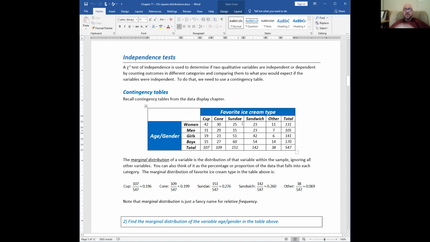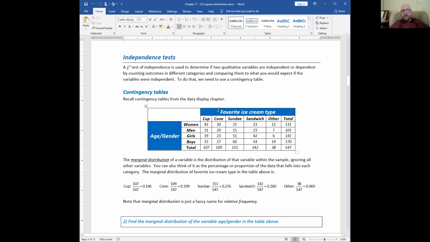I think it's fairly clear, to be honest, but might as well go over it as long as we're going over everything. So I need to explain 2 concepts. One is the marginal distribution, which is simple. And then the other one is the conditional distribution, which is a little bit less simple. Marginal distribution: if I wanted to find the marginal distribution of the variable favorite ice cream type within this sample, it would be just the fraction or the percentage that fell into each category.